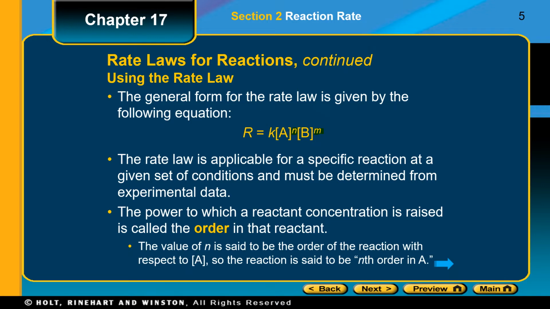And so the value of N is said to be the order of the reaction with respect to A, so the reaction is said to be nth order in A. Whatever N is, it could be zero order, first order, second order, like that.